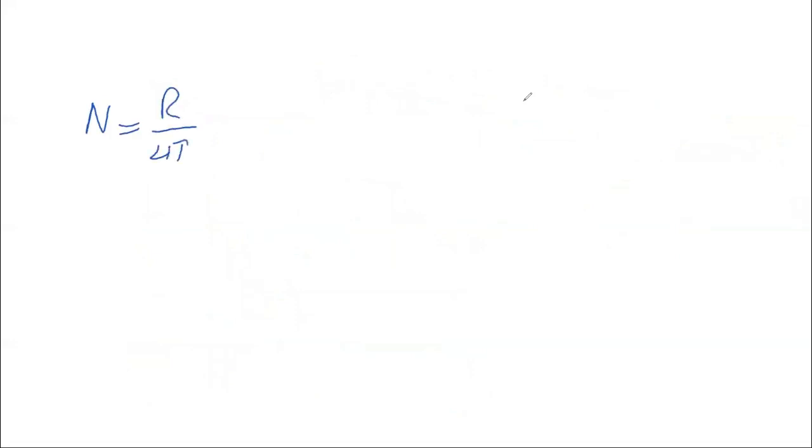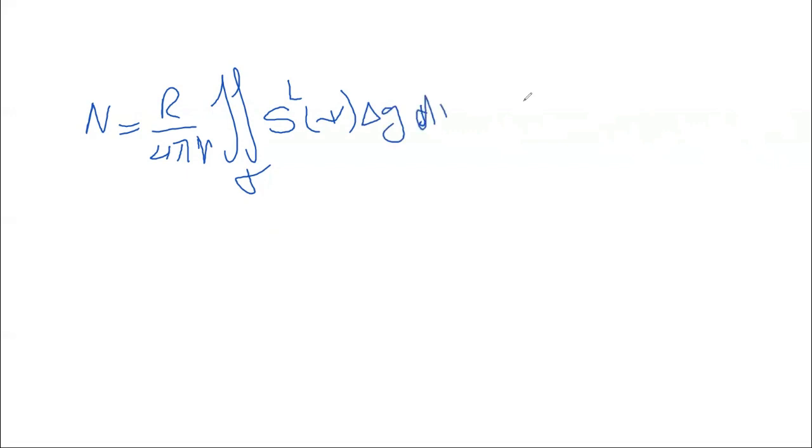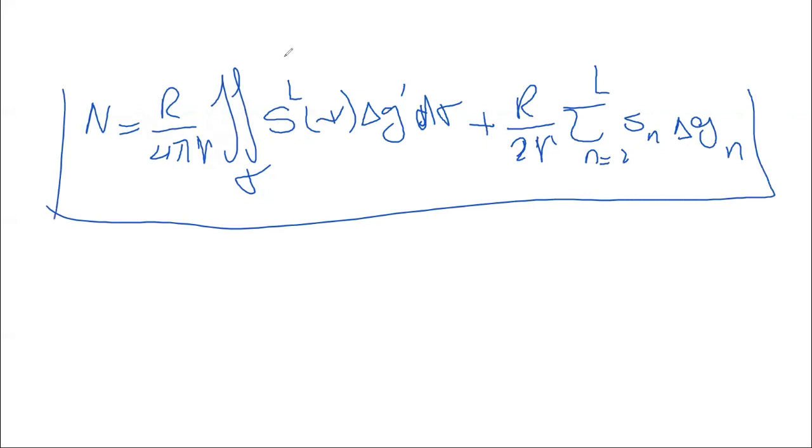R over 4 pi gamma integral, SL is the modified kernel, delta G d sigma, prime for the integration, plus the restore step, and sum to infinity, and delta G. So I have modified the kernel.